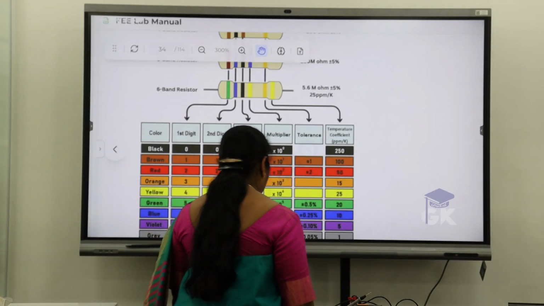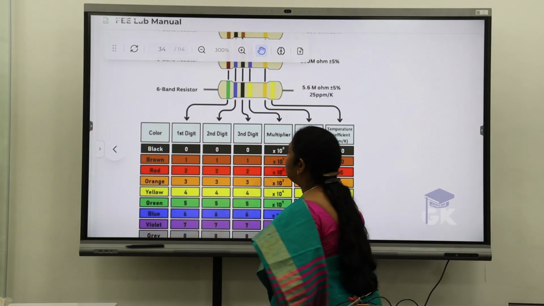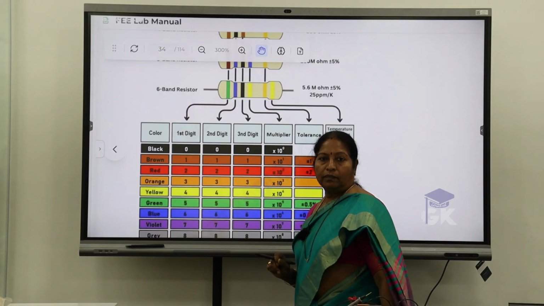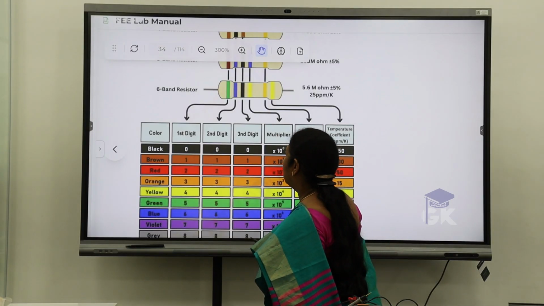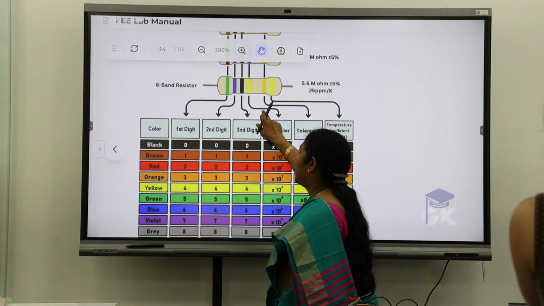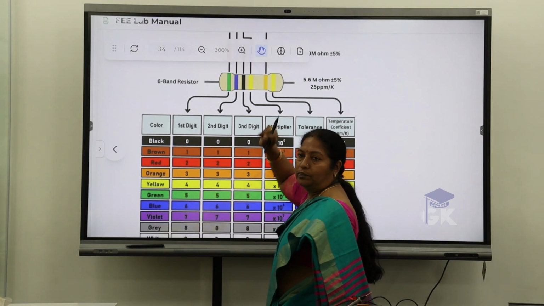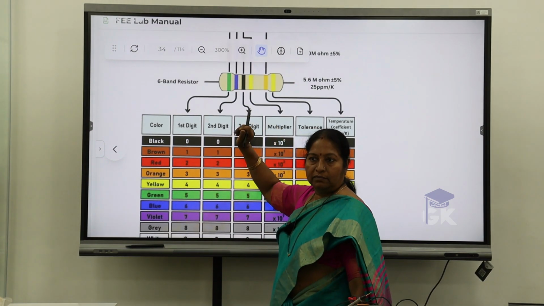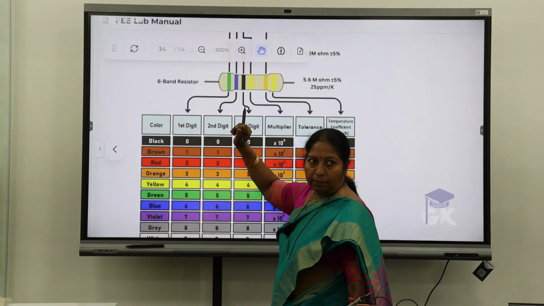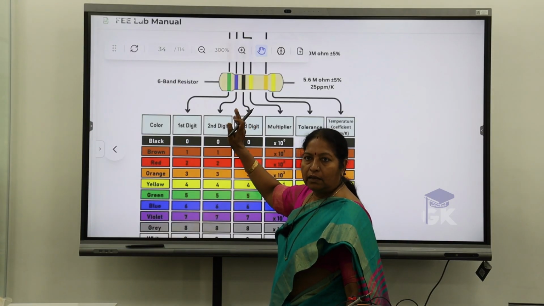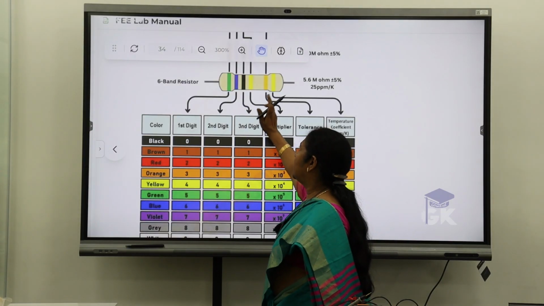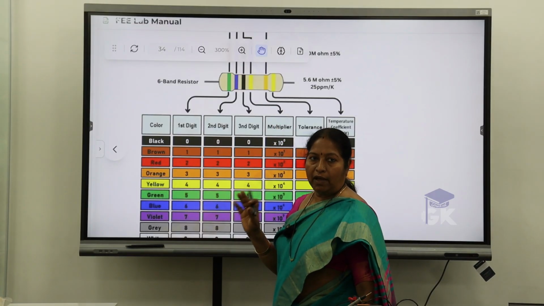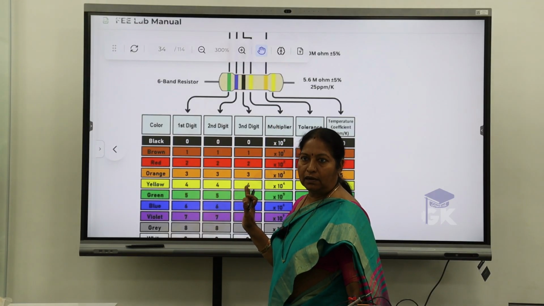You can see one more resistor here, a 6-band resistor. What are all the colors you have? Green, violet, black, yellow. Green represents 5, correct? Here also, the first digits you have to consider for the value. Just write down the value of the color code.